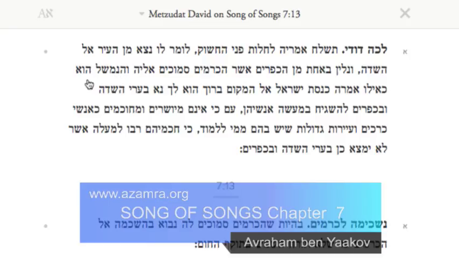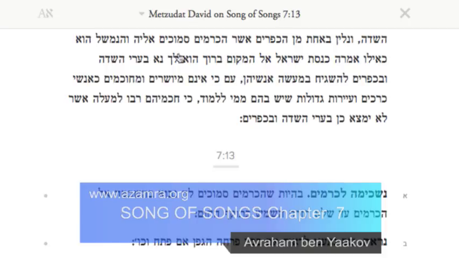And the Nimshal here is as if Knesset Yisrael said to the Almighty, blessed be He, please come out to the little towns out in the fields around the great city. Let us come to the villages to take a look at the deeds of their inhabitants.